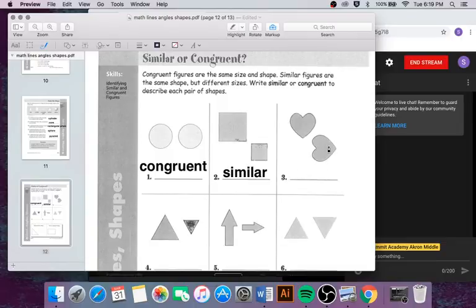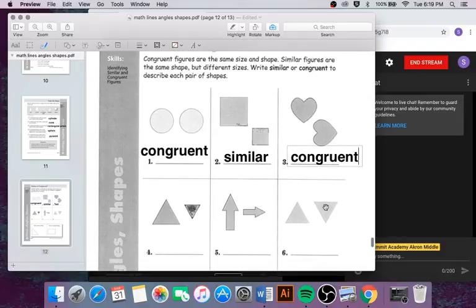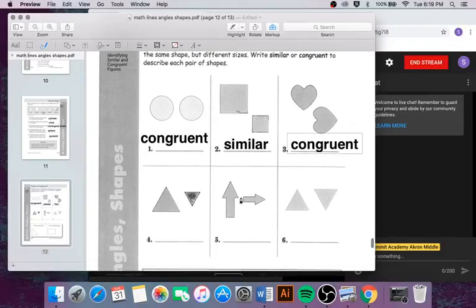So if they're the same shape but different sizes, they are similar. Number 3, both of our shapes are hearts, and even though they're facing different directions, they are the same shape and they are the same size. So the same size and same shape would make them congruent. Number 4, they are both triangles, but one is smaller than the other. So if they're the same shape but different sizes, they are similar.